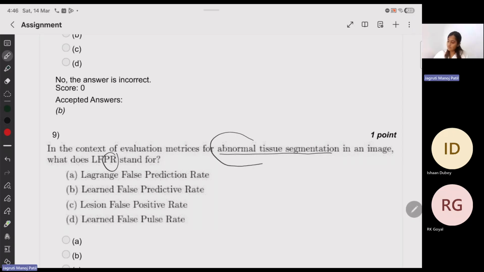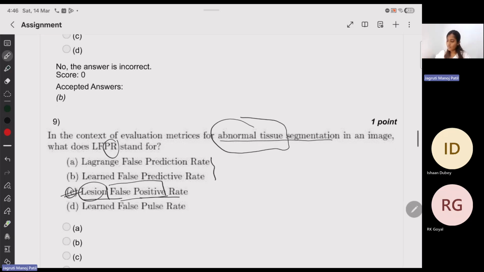Predictive rate. Sorry, positive rate. So it's a false positive rate for a lesion, because it's an image that we're looking at and not in terms of pixels or model based analysis. If it was a model, it would be predictive.